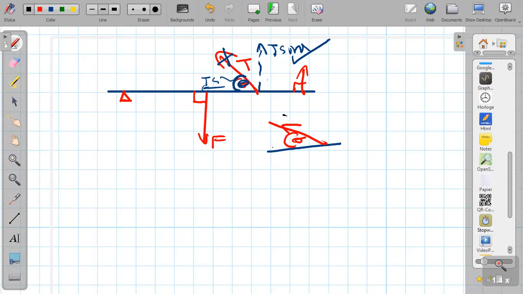The component of T next to the angle, the close side, is T cos theta. The opposite side is T sine theta. Got it? Always get the component which is perpendicular to the force. Understood? Good.